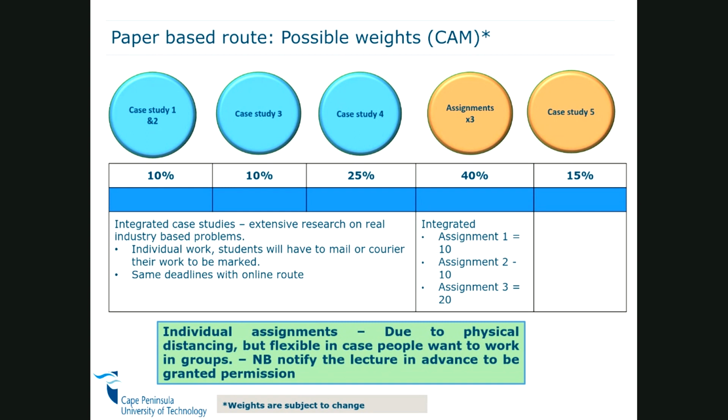So this is where we have the question: what is a summative assessment? A summative assessment is an assessment that covers everything that you have done, or it's an examination which will indicate whether you pass or you fail.